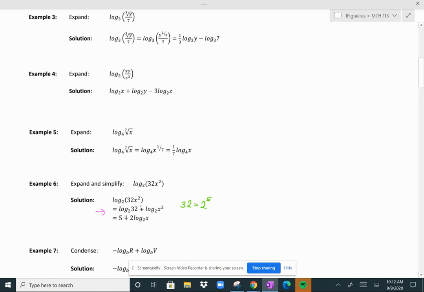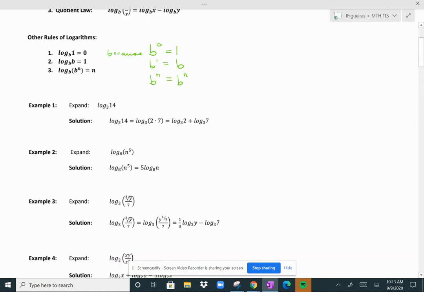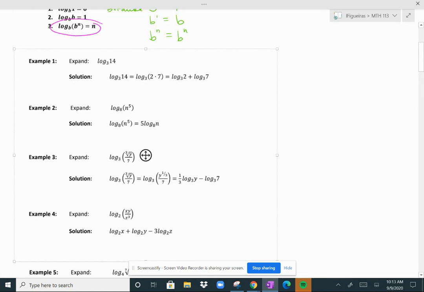But notice that 32 can be rewritten with a base of 2. And when that happens, you can actually simplify it because my base for my logarithm is 2. So 32 is 2 to the 5th power. So log base 2 of 2 to the 5th is just 5. And that goes back to what I wrote here.